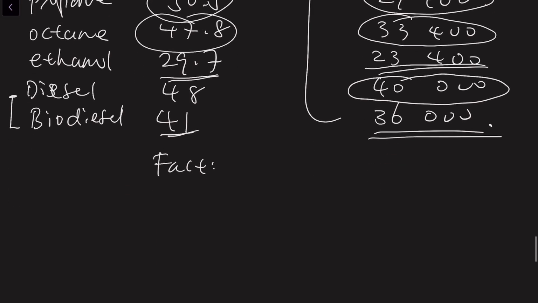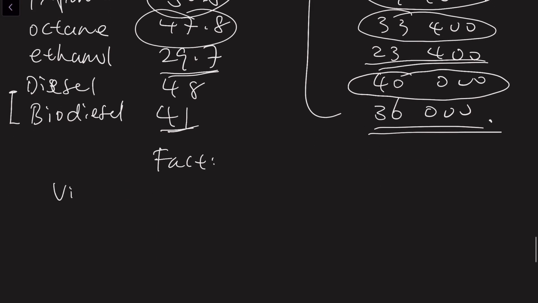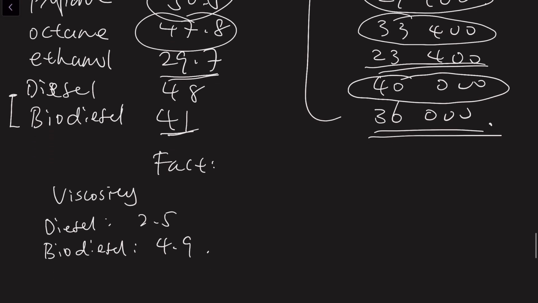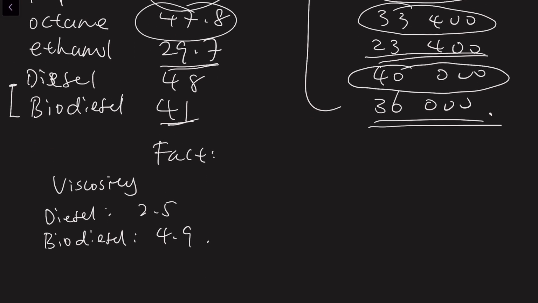And also, if we look at the viscosity, basically how thick the oil is, for diesel it is 2.5. For biodiesel, it is 4.9. So biodiesel is much more viscous than diesel.